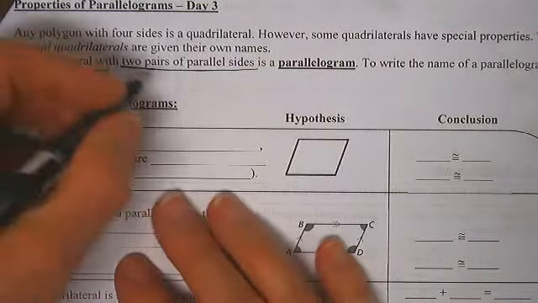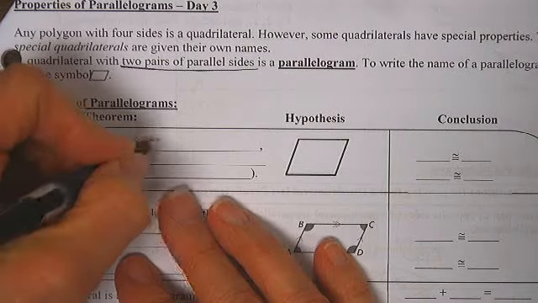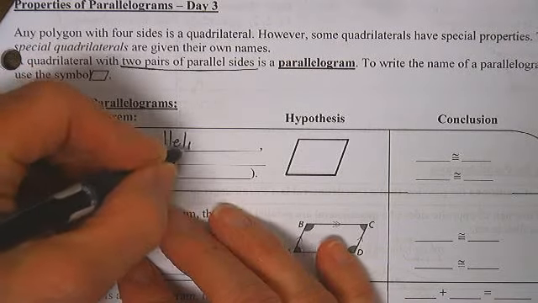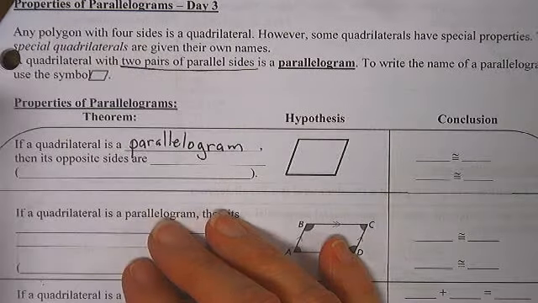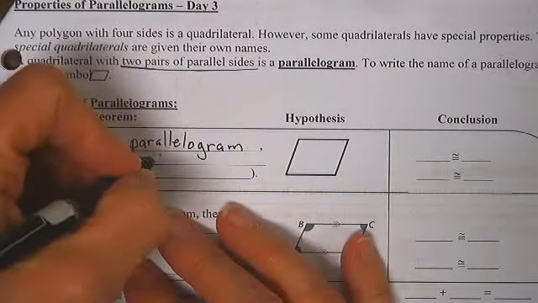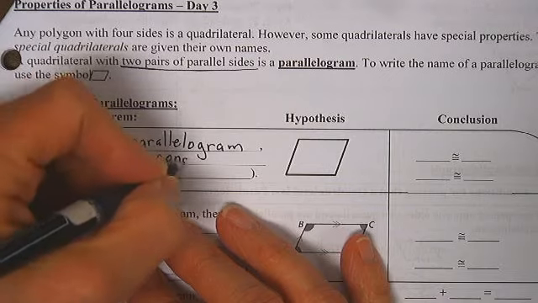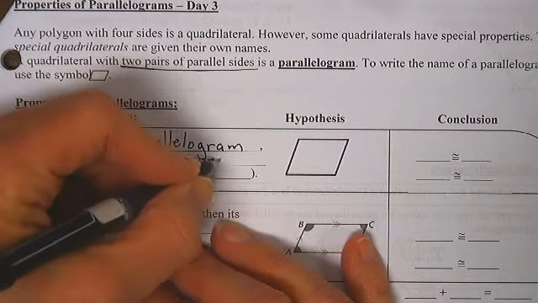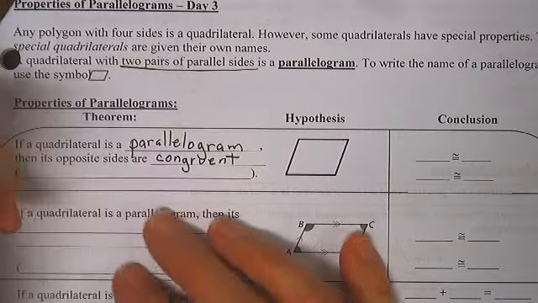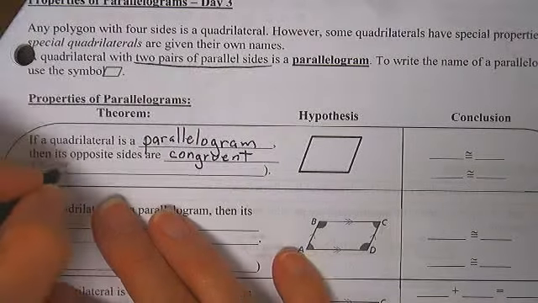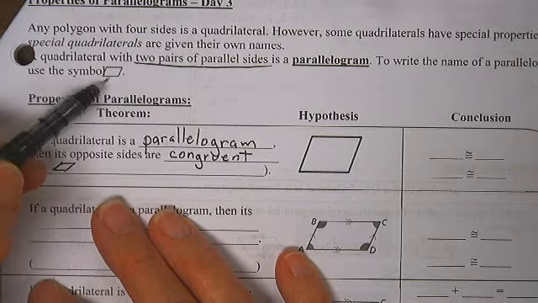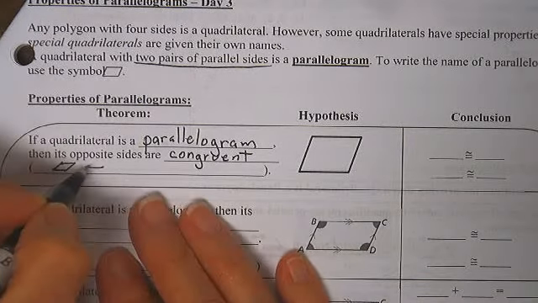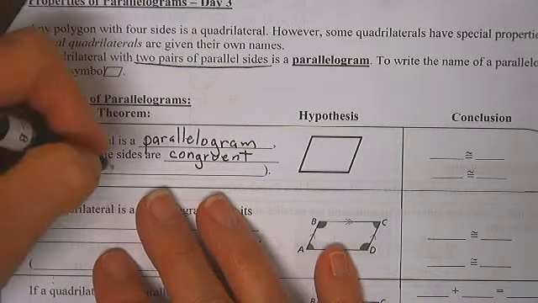If a quadrilateral is a parallelogram, then its opposite sides are congruent. How do we write this in logic? If parallelogram, see, here's our little symbol, then opposite sides are congruent.